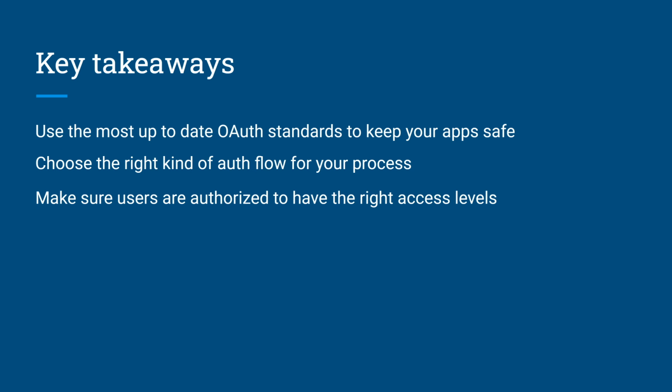And then again, make sure that your users have the right authorization levels. You don't want to give a customer admin level access if you don't want them to see certain features or you don't want them to be able to do certain things. Just make sure that you know who has permission to access which resources on the cloud, who has permission to make changes, and things like that.